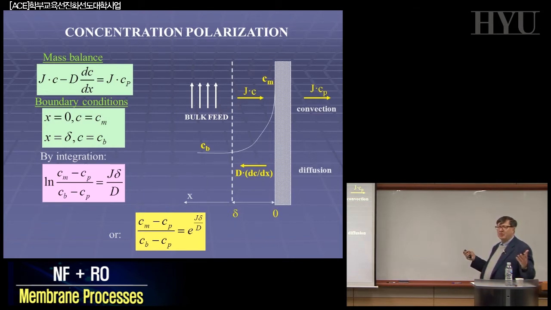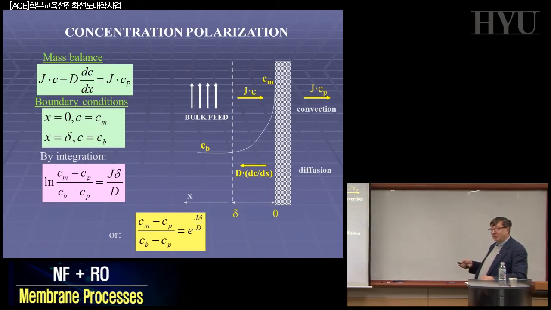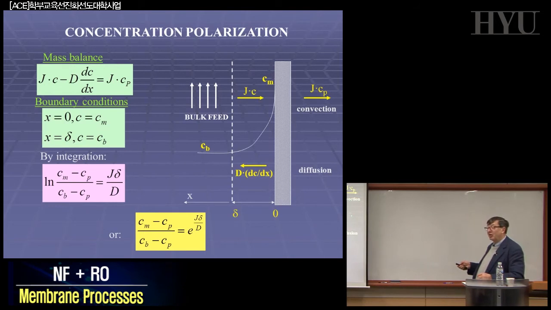Because in the bulk, in the big volume, nothing happens. The seawater does not change concentration during your process of desalination. But at the membrane interface, the concentration is changing continuously and very fast. Because with the convection across the membranes, only water is going through, and all the salts are not going through.